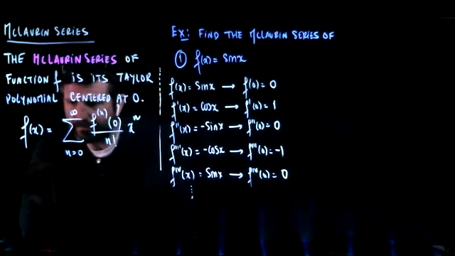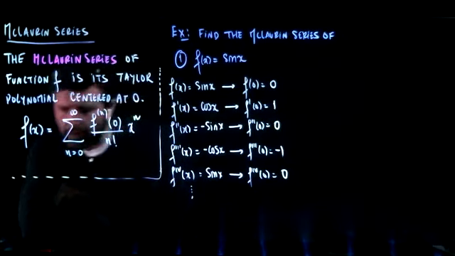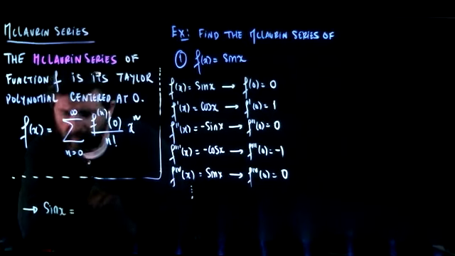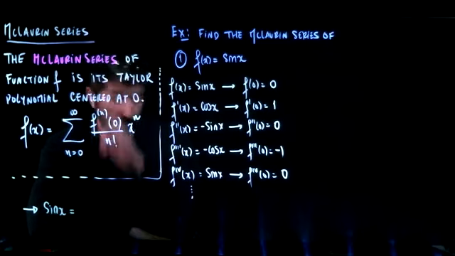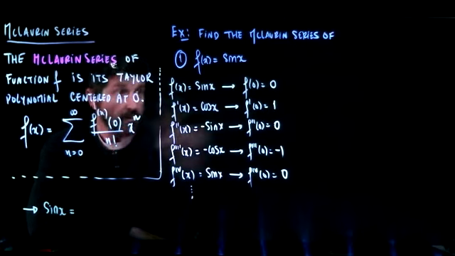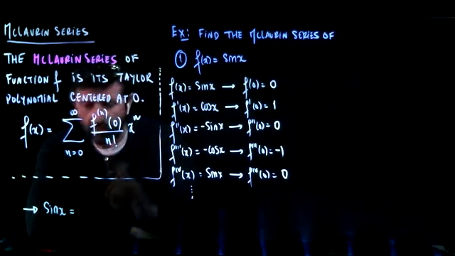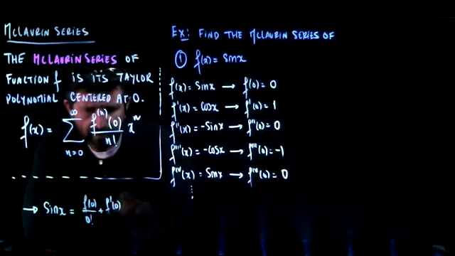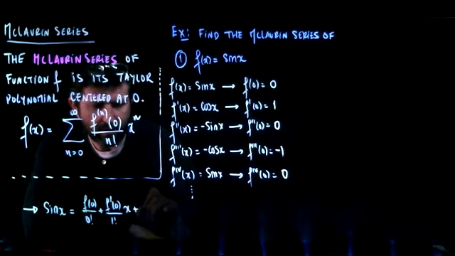I'm going to write down here. So sine of x is equal to f of 0 over 0 factorial plus f prime of 0 over 1 factorial times x plus f prime prime of 0 over 2 factorial times x squared, dot dot dot.